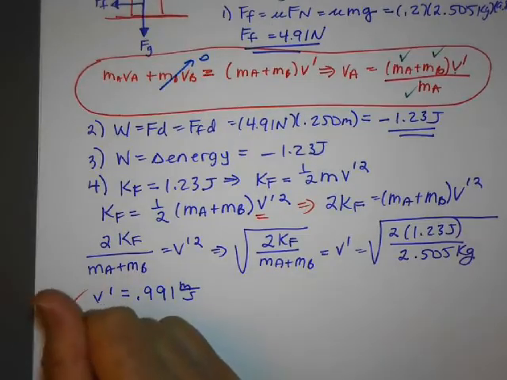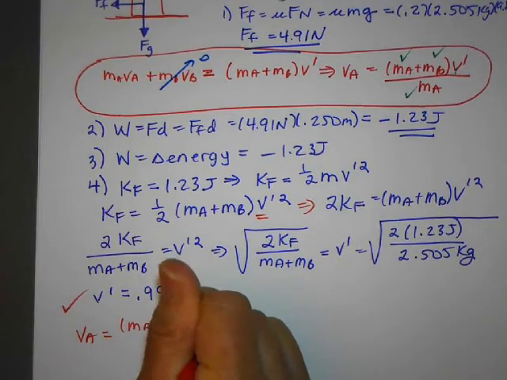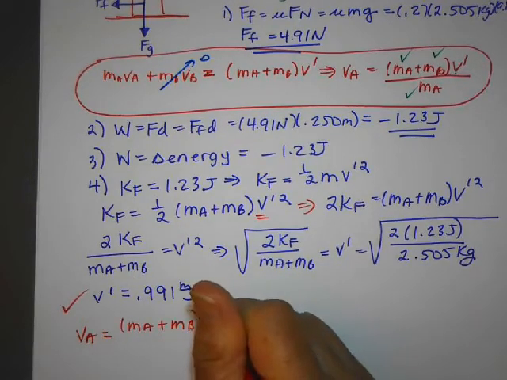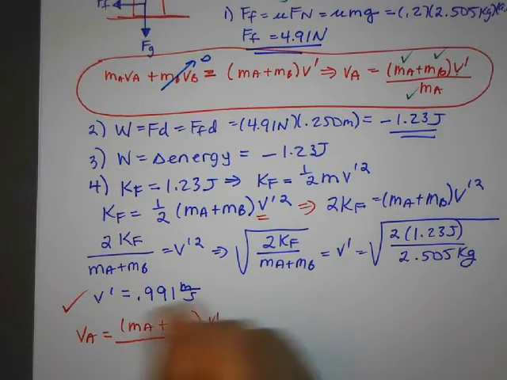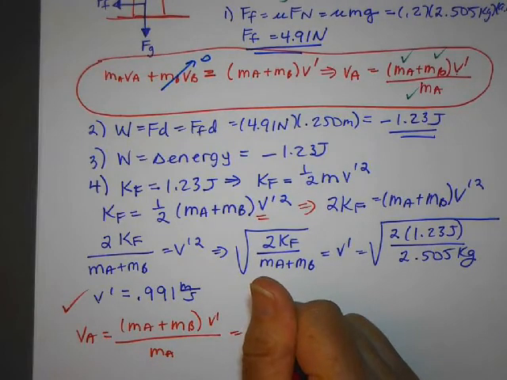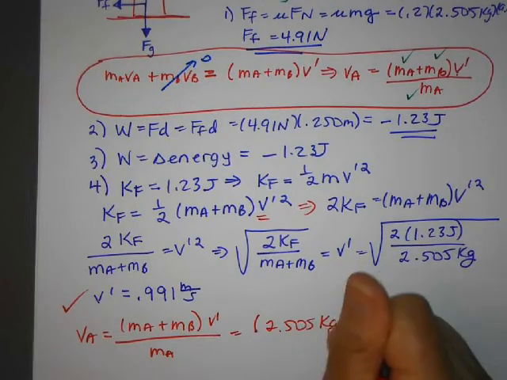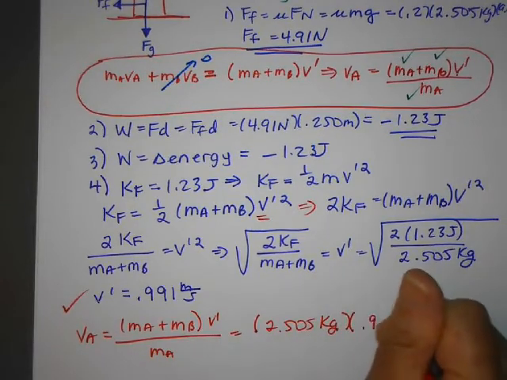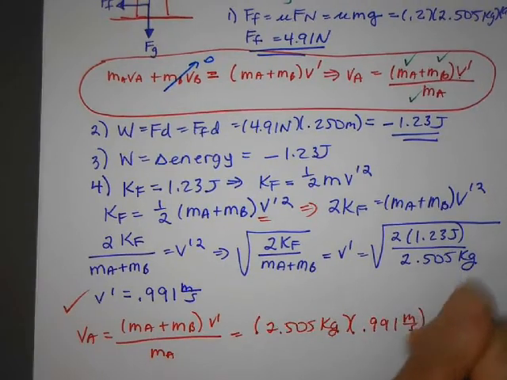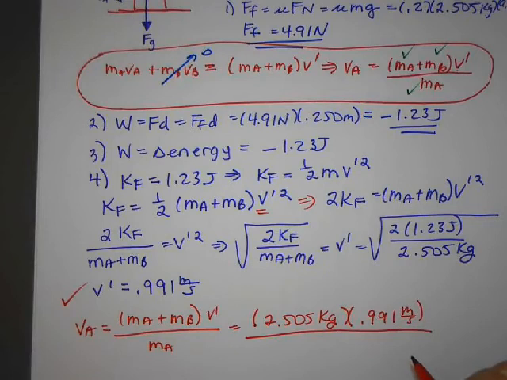So I have VA is equal to MA plus MB times V prime over MA.